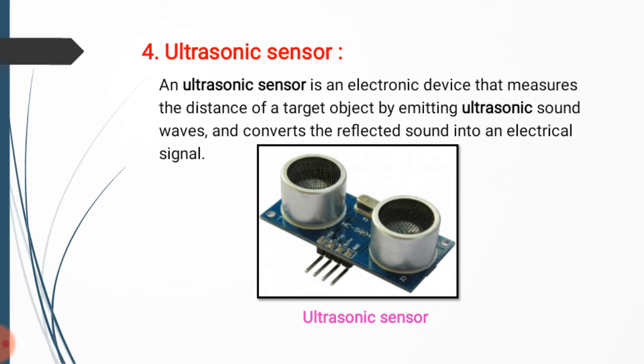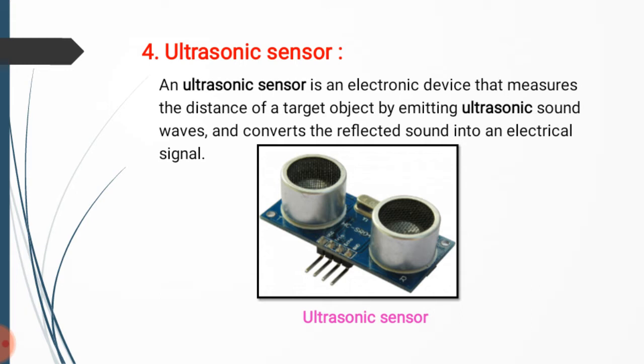Suppose we have to detect a particular object. We are here and the object is far away from us, but we want to detect it. With the help of the ultrasonic sensor we can easily detect that object. In the ultrasonic sensor there are generally two parts, the transmitter and the receiver.